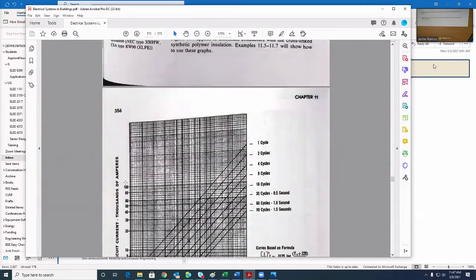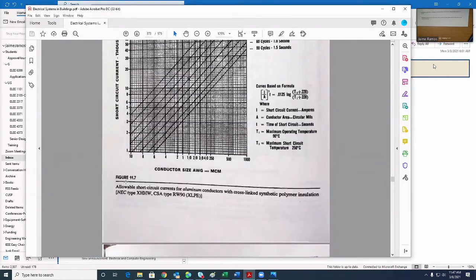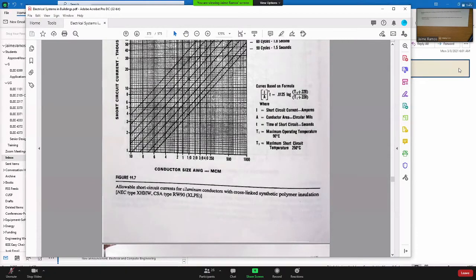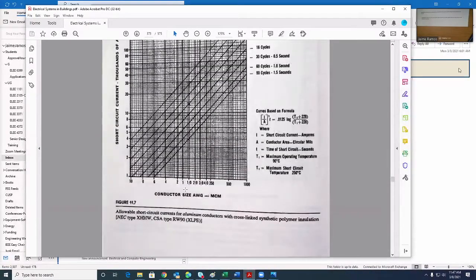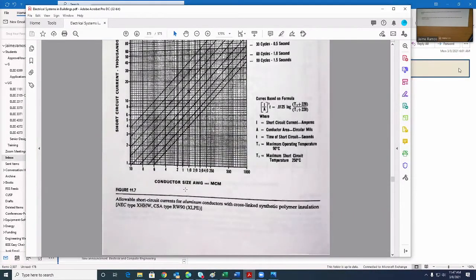Okay, and then one more for aluminum. See, aluminum here. Aluminum is softer for sure. It's not as sturdy as copper, so it has less short circuit current capacity.